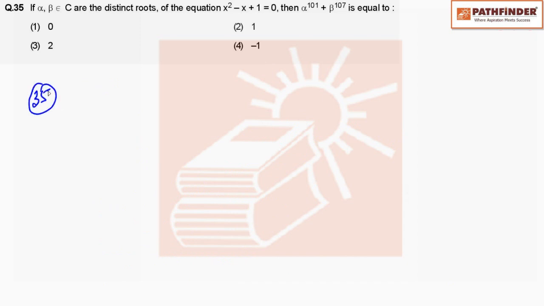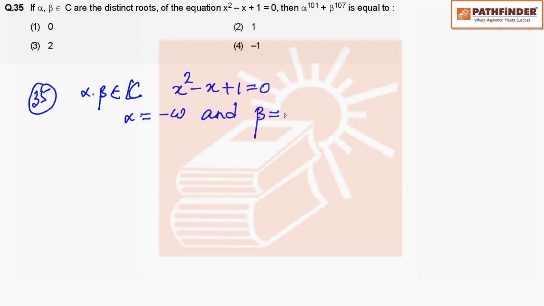In that question, they are saying alpha comma beta are set of complex numbers and the roots of x square minus x plus 1 equal to 0. See, then alpha will be what? Alpha will be minus omega, and beta will be minus omega square.